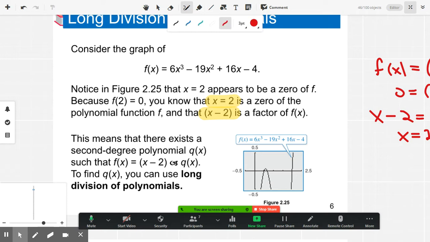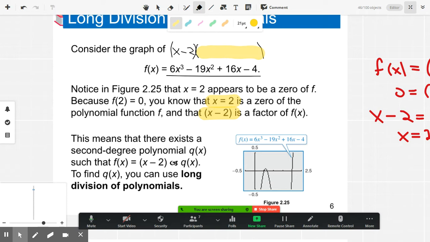So based on this information up here, we know that this polynomial right here will factor as x minus 2, close the parentheses, times something. And then this something is what we've got to use division to figure out. A lot of times polynomials won't factor. If it's a trinomial, we know there's ways to factor trinomials.